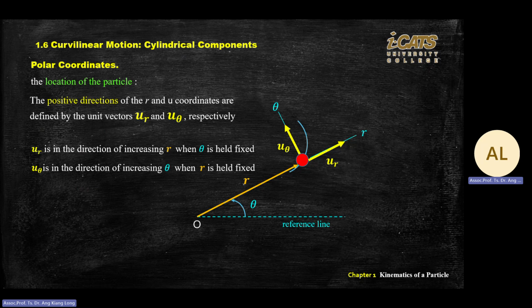It's not tangent and normal anymore, so it's a bit different from the previous one. Tangent normal is focused on the object and the direction of V and the curvature of the curve, which is pointing inside the curve, N and T. But when we use cylindrical component, we use another set of coordinate system with this R, radius, and angle. Okay, radius and angle.